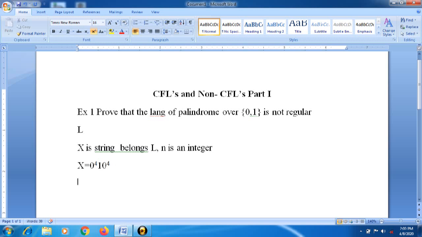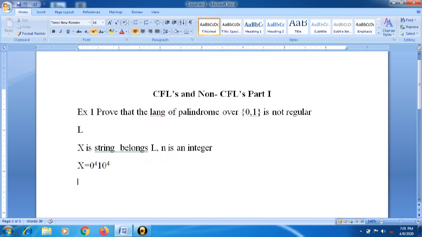Now we have to consider three parts. First one is u, then v, and then w. We have to divide it into three parts, so we can make our calculation as we have seen in our pumping lemma explanation.